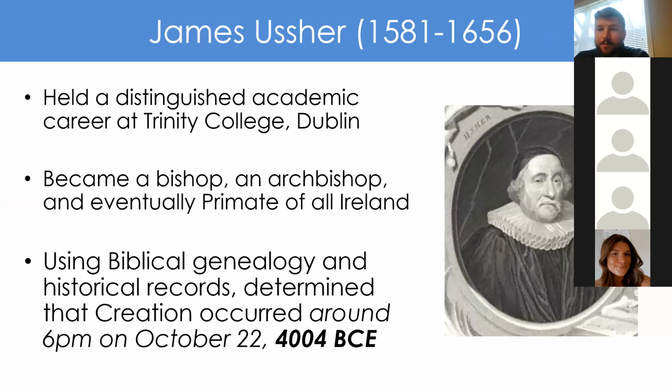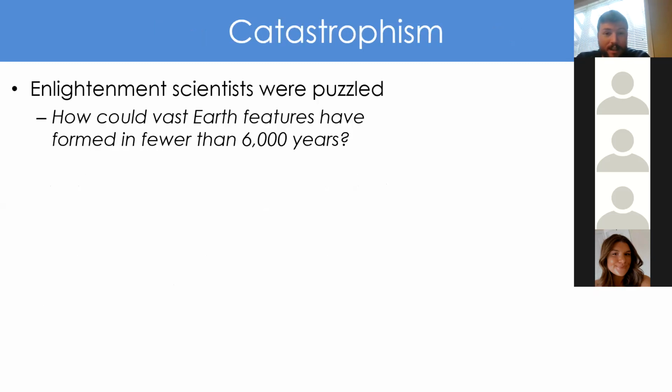So he used the Bible as a kind of roadmap to figure out that the Earth was exactly 6,000 years old and creation occurred at exactly 6 p.m., October 22nd, 4004 BCE. Obviously, this is not the case, but this does create a conundrum for people studying after him because this was pretty much set in stone by the church.